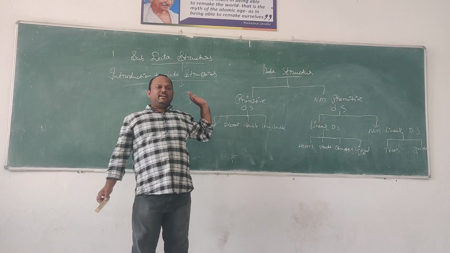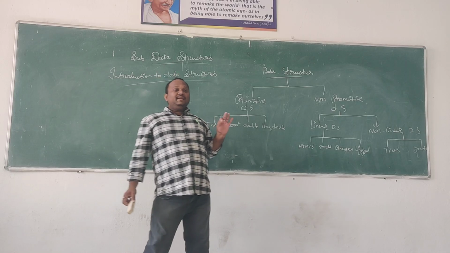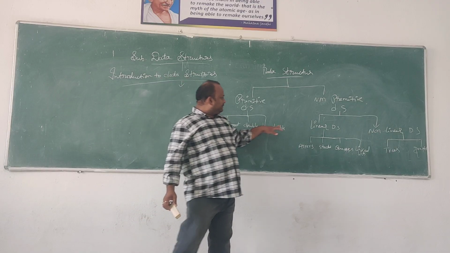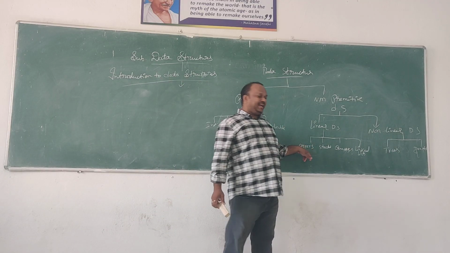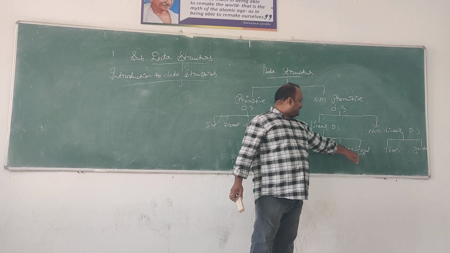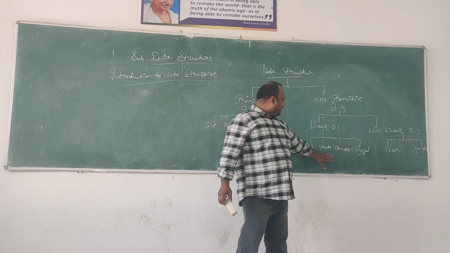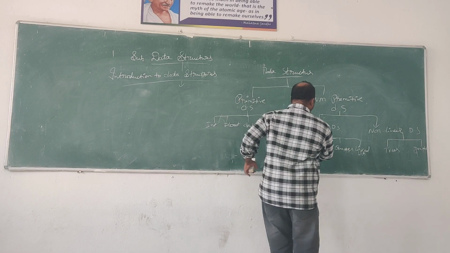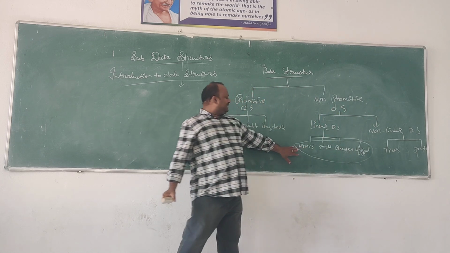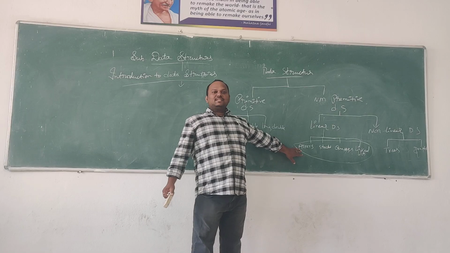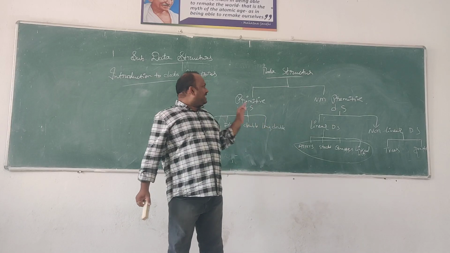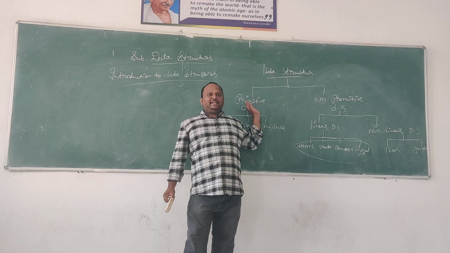Here we can see array data structure, stack data structure, queue data structure, linked list. All these things are nothing but algorithms only. These algorithms we implement in some programming language, for example the C programming language.